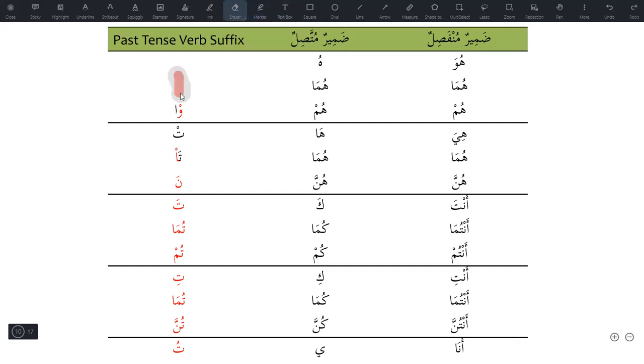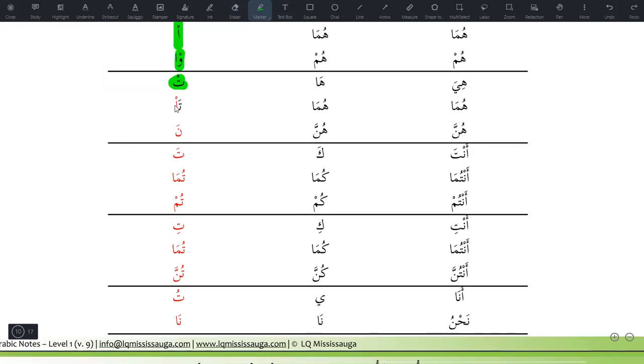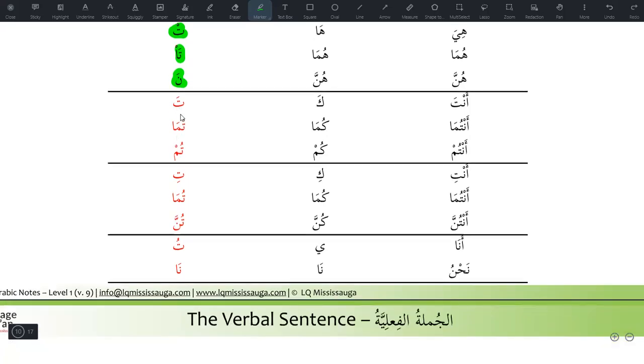We use alif silent. And for hum, we use waw and alif. And for feminine hiya, we use ta silent. And for huma, we use ta and alif silent. And for hunna, we use noon, na.